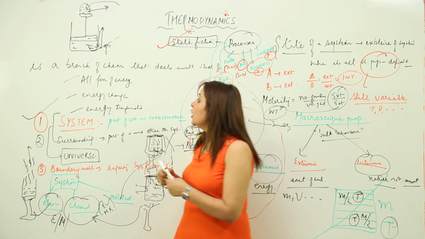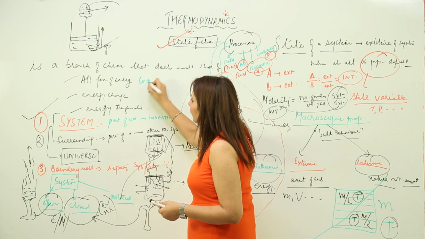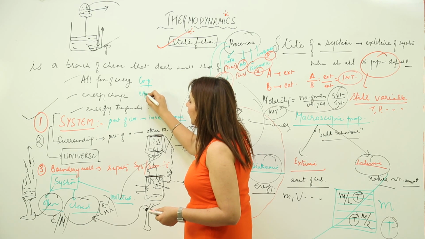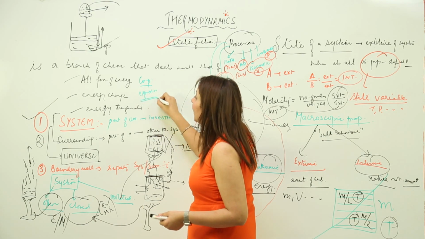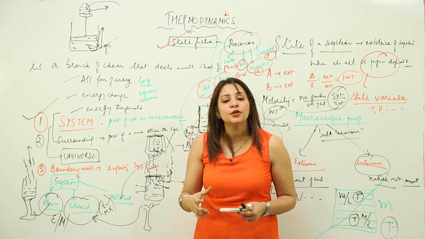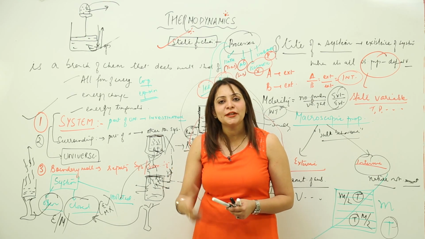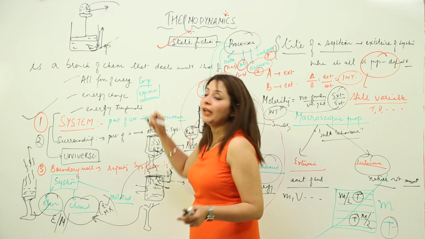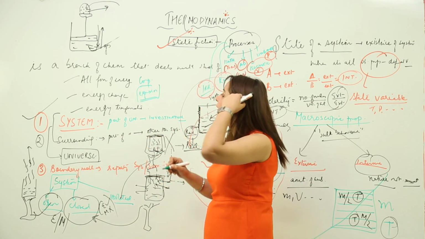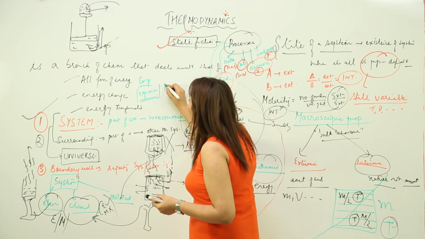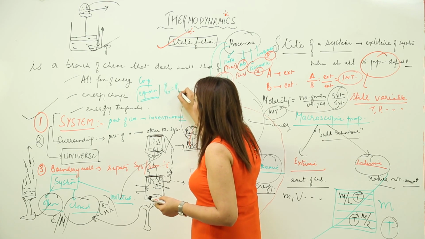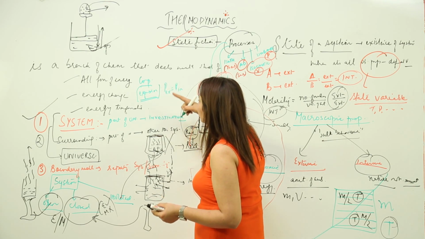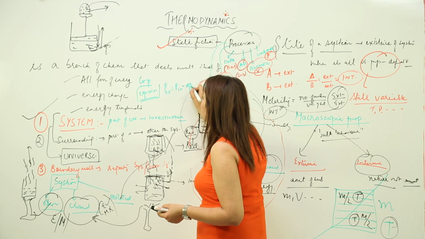And one more thing: we can have compression, we can have expansion, right? So we have criteria for what should be there for compression to happen, and for expansion to happen. If we want a gas to expand, then the external pressure is P internal minus dP.